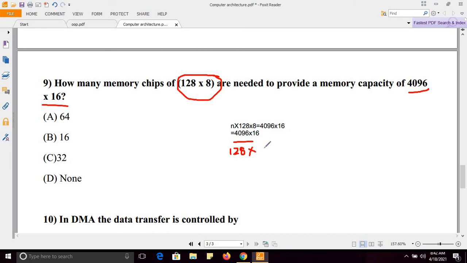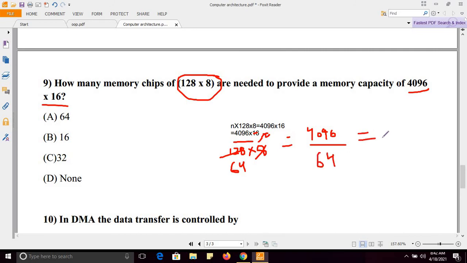So simple, 8 twos are 16, 2 64, which is equal to 4096 divided by 64.